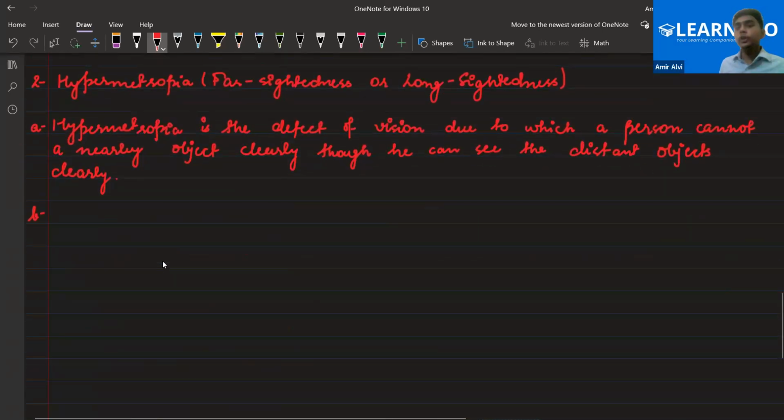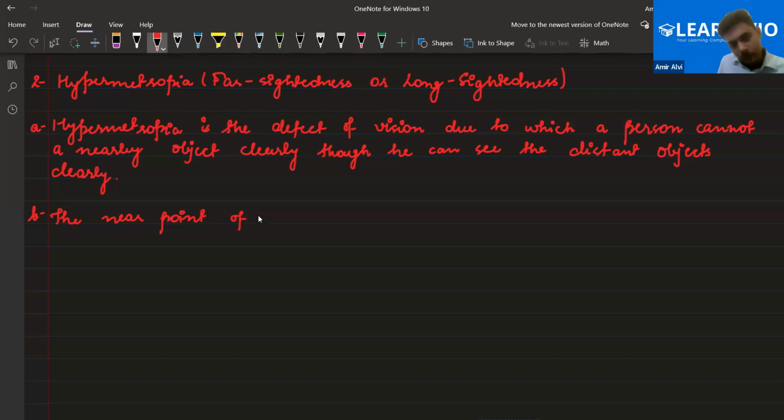It means that the near point is shifted away. Right?